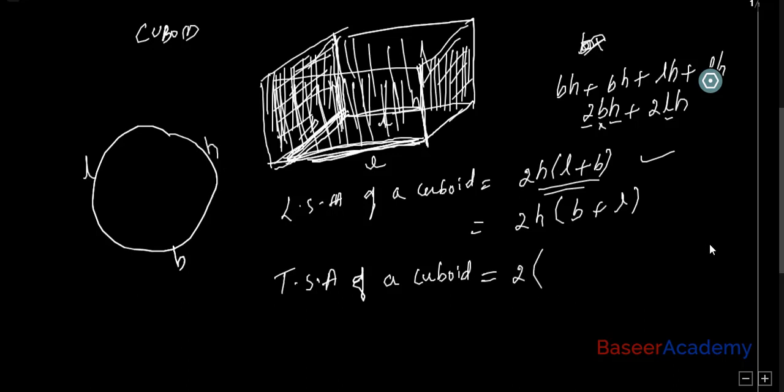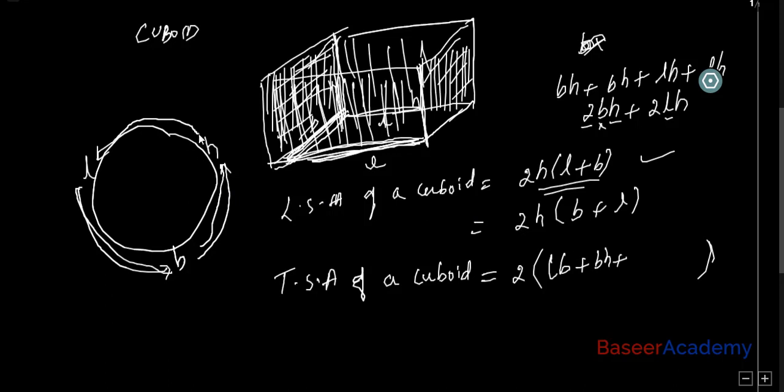The total surface area of a cuboid is nothing but 2 into (LB plus BH plus HL or LH). So 2 into (LB plus BH plus LH). That's your total surface area of a cuboid.